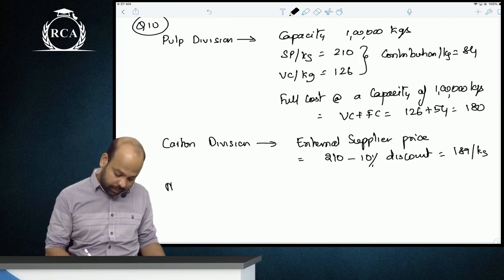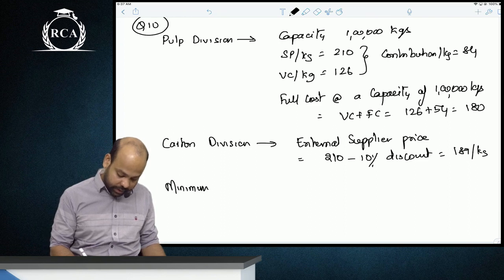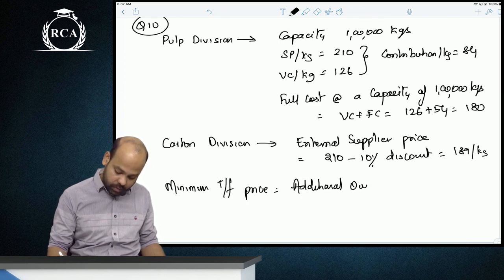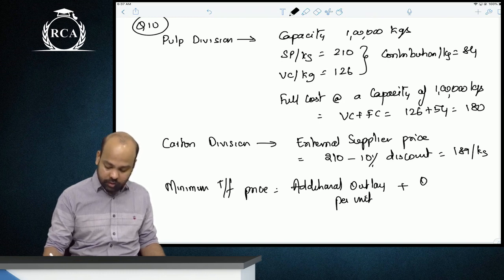Let us not forget the details. Minimum transfer price would be your additional outlay per unit plus opportunity cost per unit.